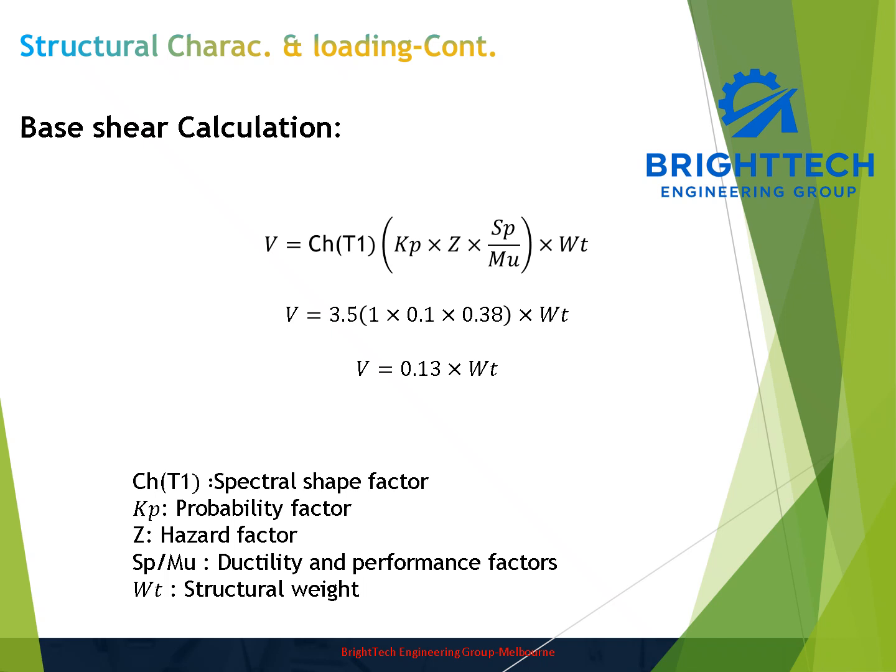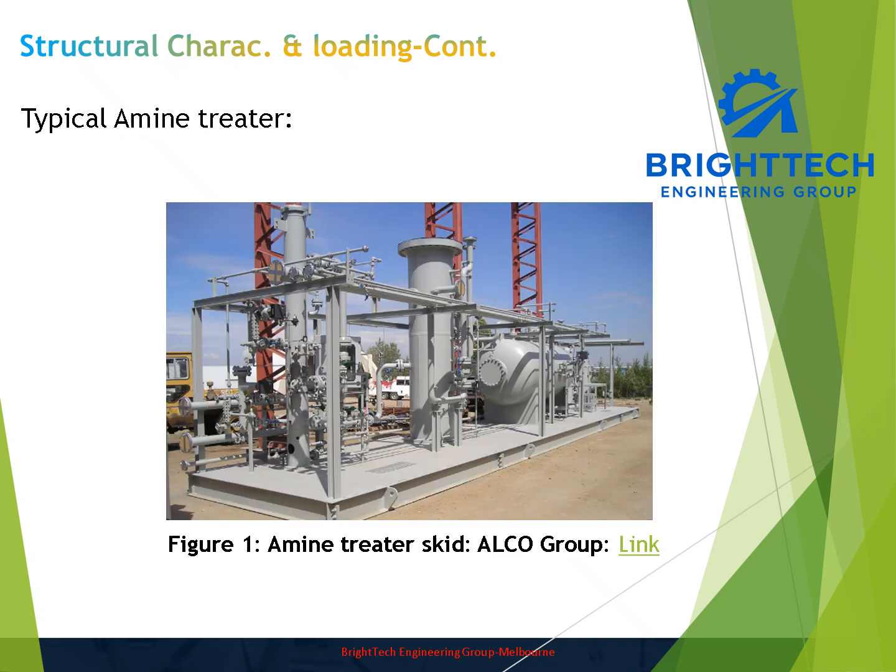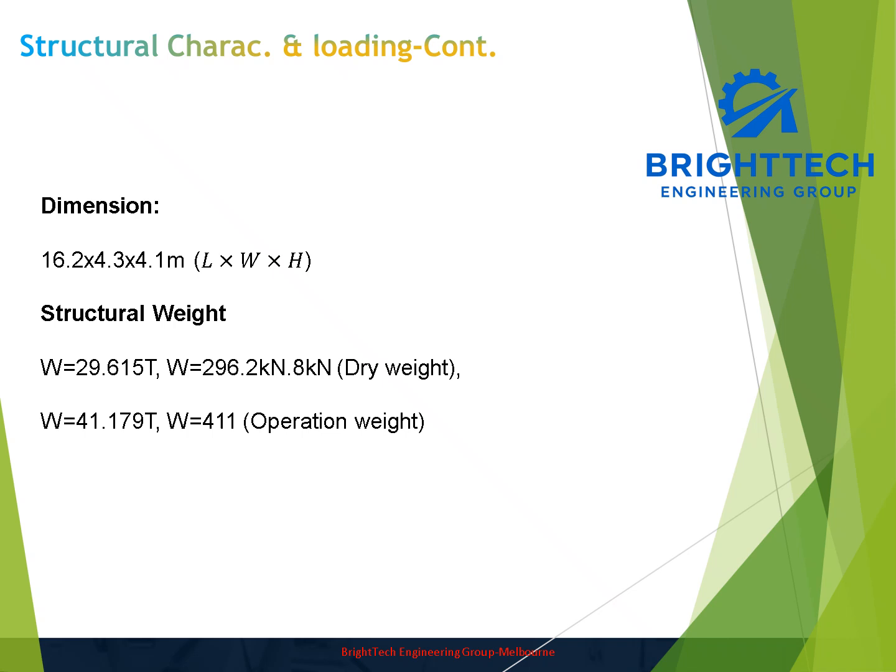Substituting the amounts into this equation, we have the base shear as 0.13 multiplied by the weight of the structure. Here is a schematic view of the amine treater skid, and here we have the dimensions of this structure. The length of the structure is 16.2 meters.